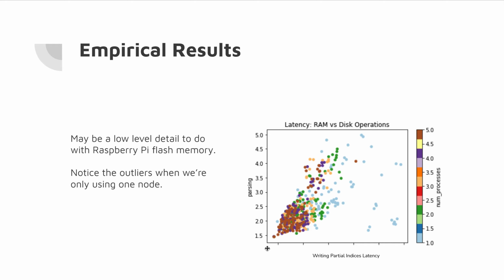I have the latency of disk-related operations versus memory-related operations on the y-axis, and the colors correspond to the number of nodes in the cluster size. You can see all of these outliers off to the right here, and they're all shaded in light blue, which is indeed a one-node cluster.